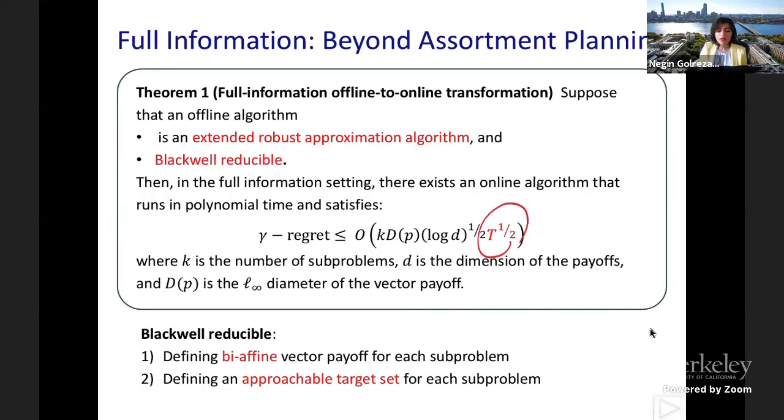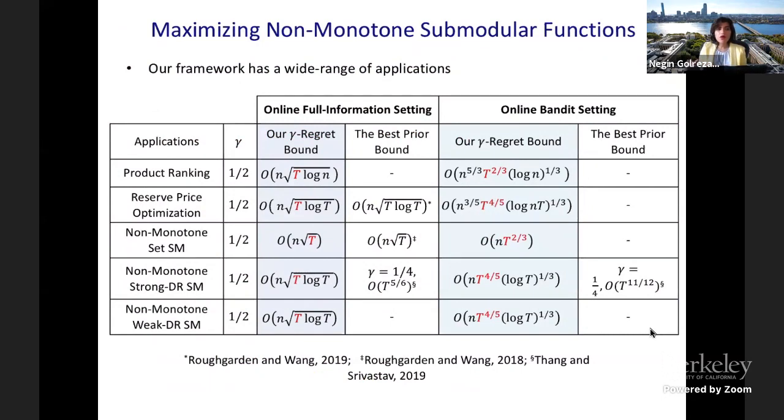And it turns out that for many of the problems I talked about, product ranking, greedy reserve price optimization, non-monotone submodular functions, and continuous submodular functions, there exists a greedy algorithm that has all these properties: extended robustness and Blackwell reducibility. By applying our framework to these settings, that's the result we are getting.